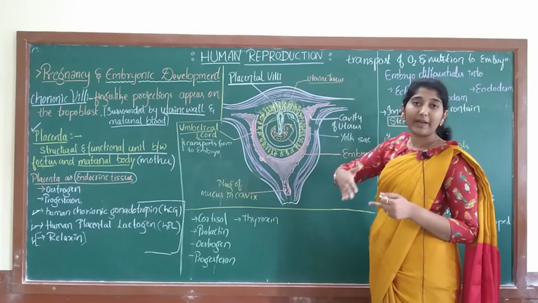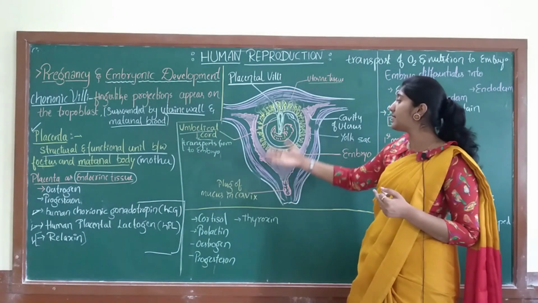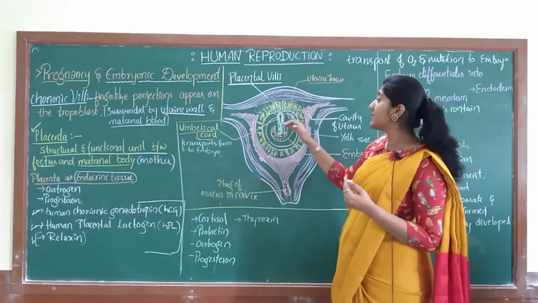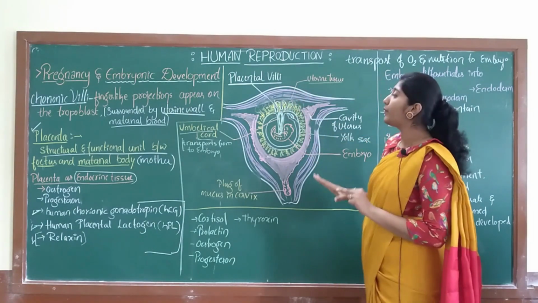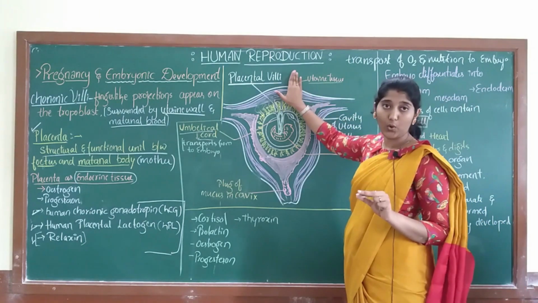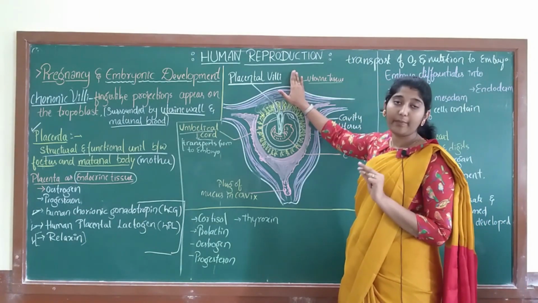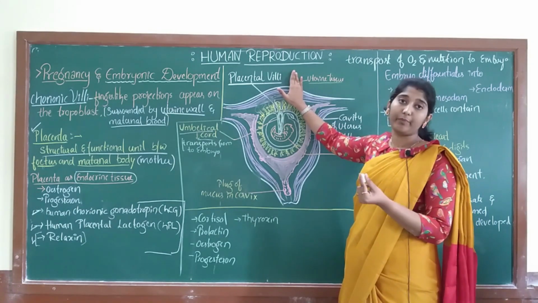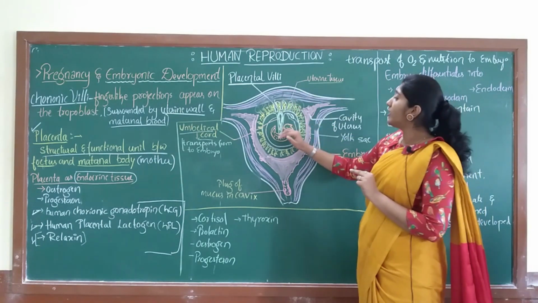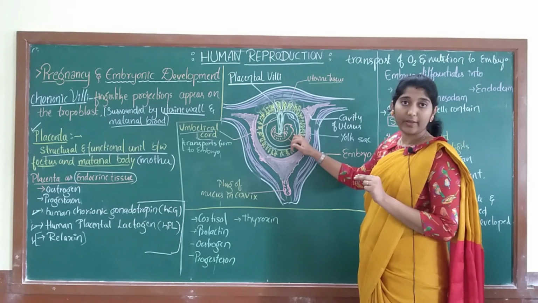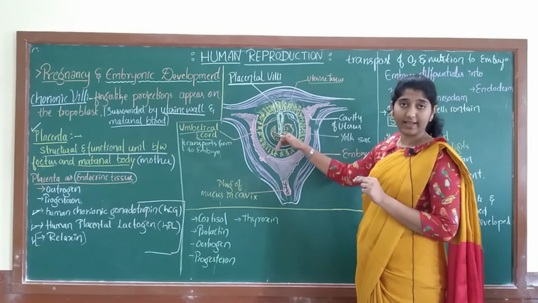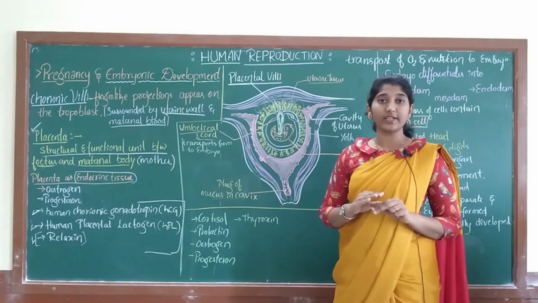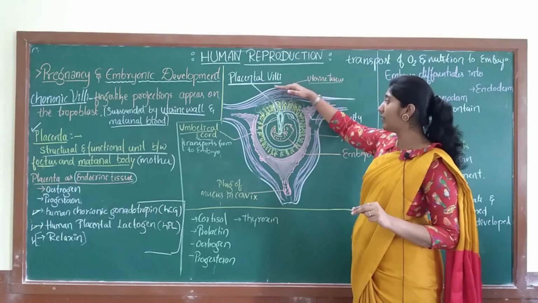So, simply what we can say is, the placenta transports from the mother to the embryo and from the embryo to the mother. Whatever oxygen and nutrition is required by the embryo is given to the fetus, and whatever carbon dioxide and waste material is present in the embryo is removed.